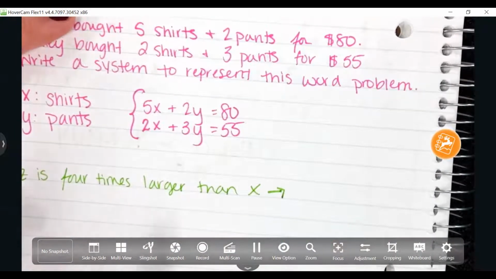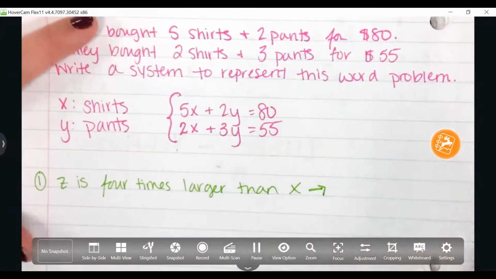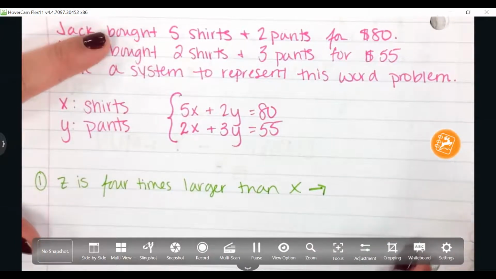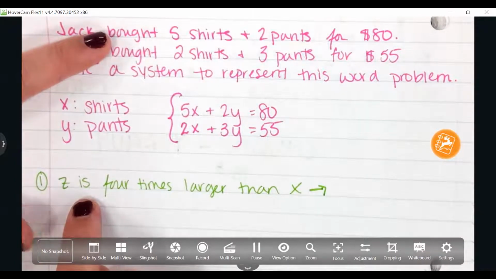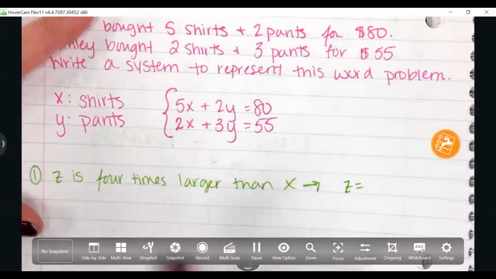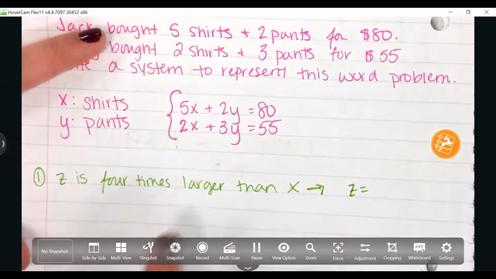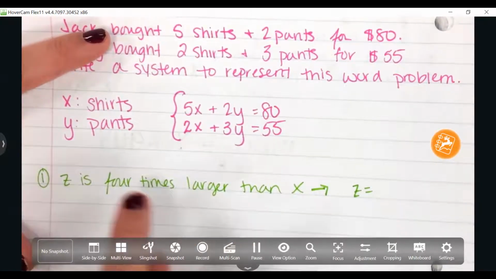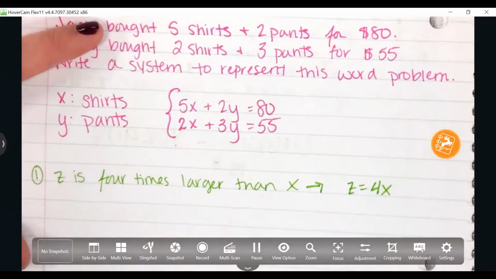Z equals 4x. Very good. Z is, what does is mean in math? Equals. So Z equals 4 times means 4 and I'm multiplying something. What are the 2 things I'm multiplying? 4 and X. So 4X.